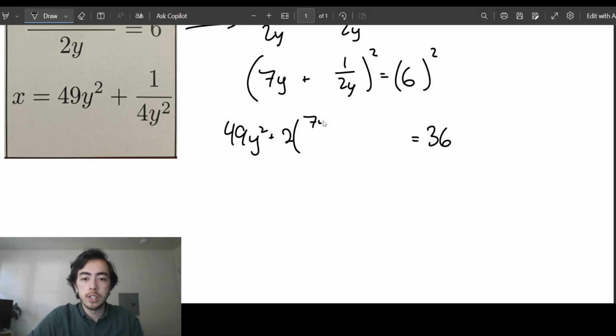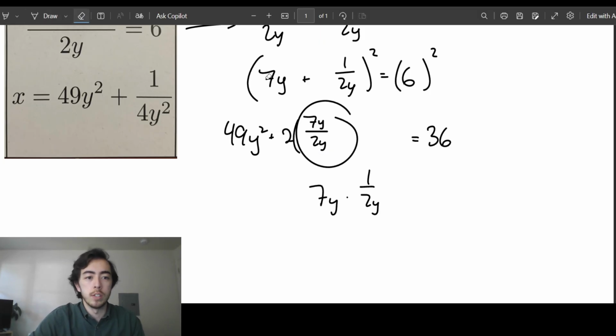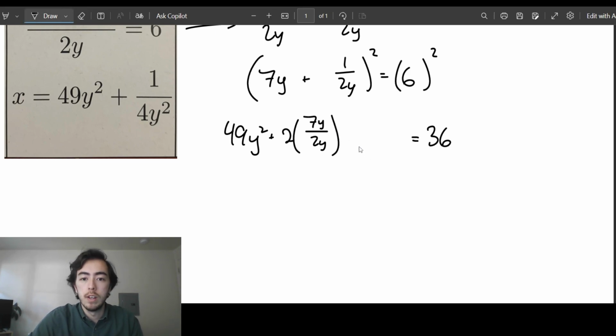I could collect it up like this, because 7y times 1 over 2y is the same as putting that 7y in the numerator there. And then finally, we square this last term, 1 over 2y, and it times itself gives me 1 over 4y squared.